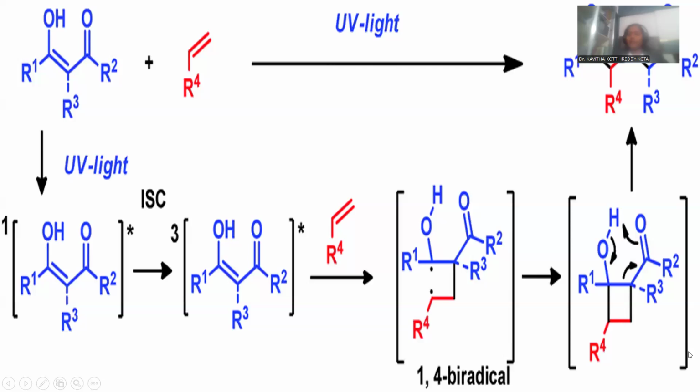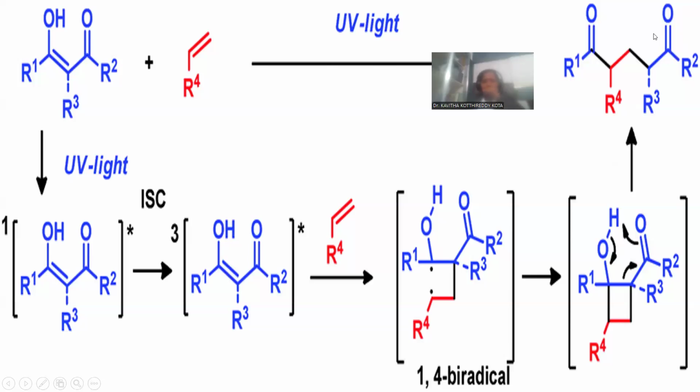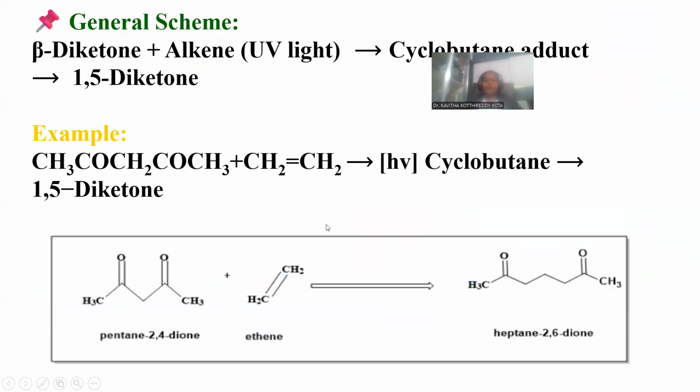The odd electrons participate in the ring closure reaction in this manner, and here is the retro-aldol cleavage process. Finally, the 1,5-diketone will be the ultimate product. The entire series of steps is indicated for the detailed mechanism, in order to understand the De Mayo reaction well. The 1,3-diketone is finally transformed into the 1,5-diketone compound.